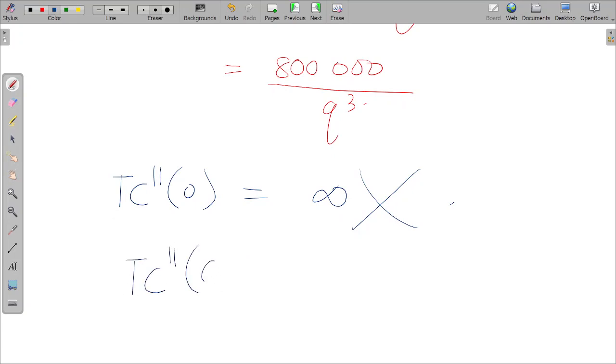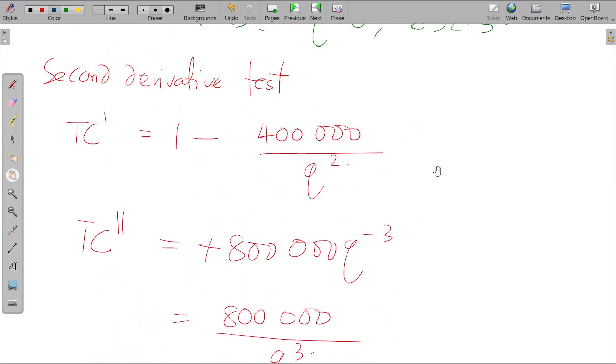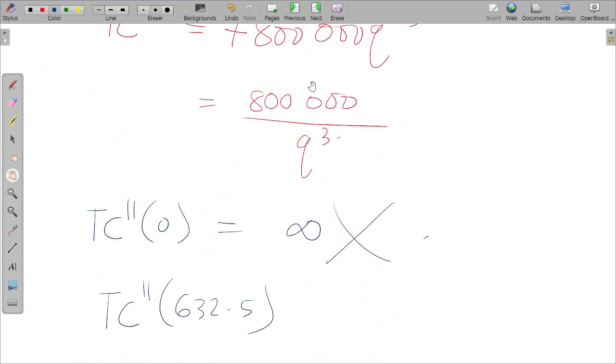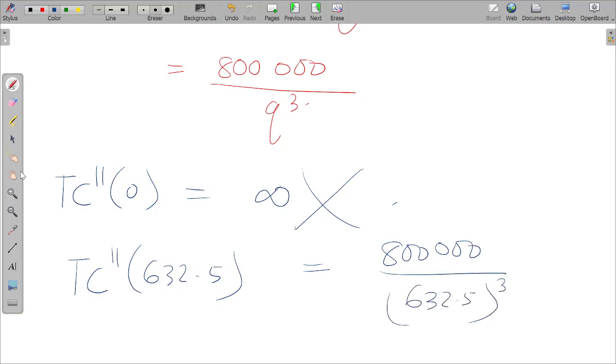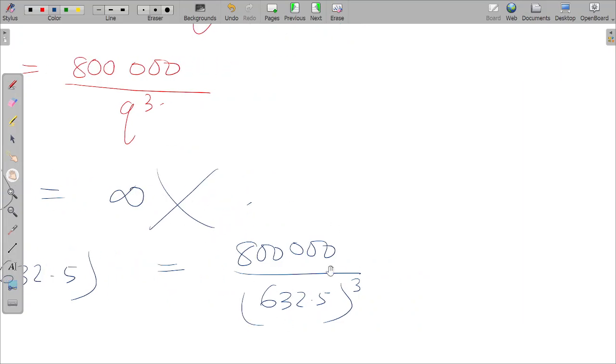Okay, let's do the second one. TC of 632.5, I think so. Is it 632.5? Okay, that will give us 800 all over 632.5 raised to power 3. Now from here, whatever the value you get, what you will notice is that it is greater than 0. Because it's greater than 0, from the second derivative test, this gives a minimum.